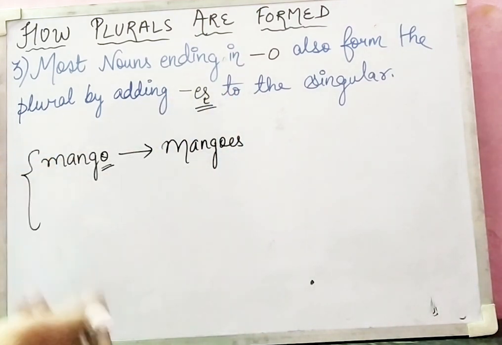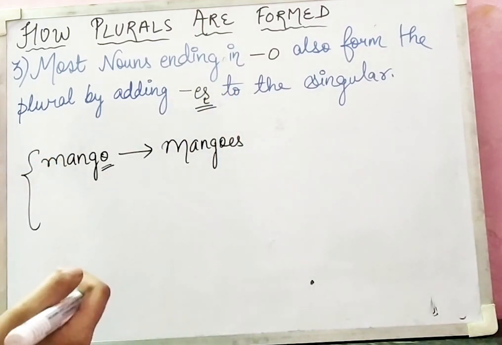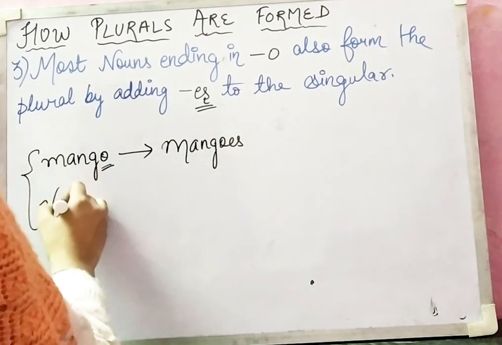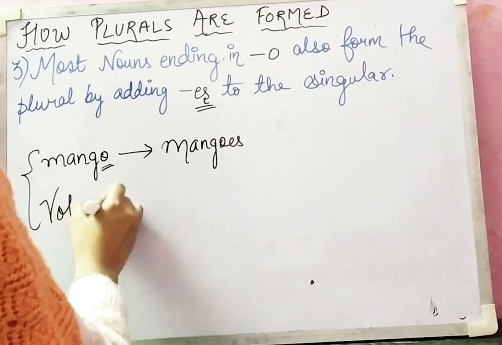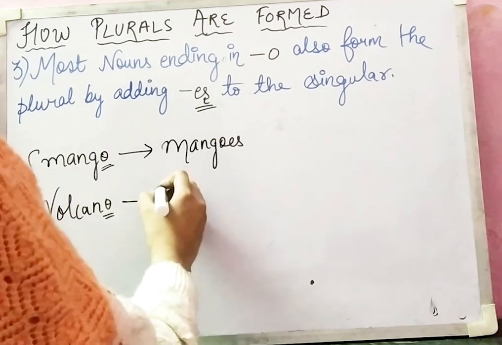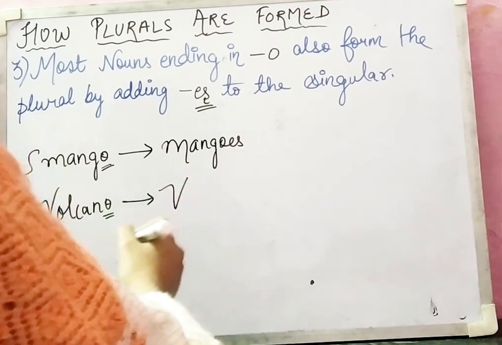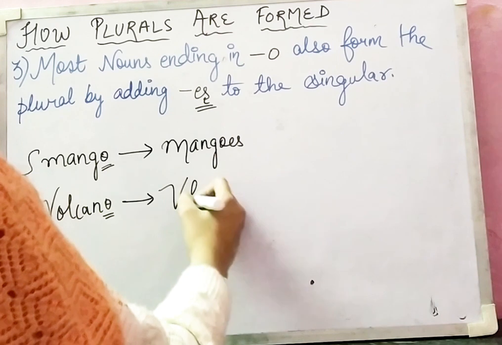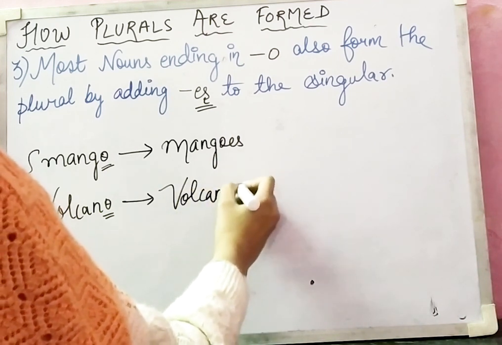Similarly, we can take more examples, like volcano. It also ends with o, so we add es to make it plural: volcanoes.